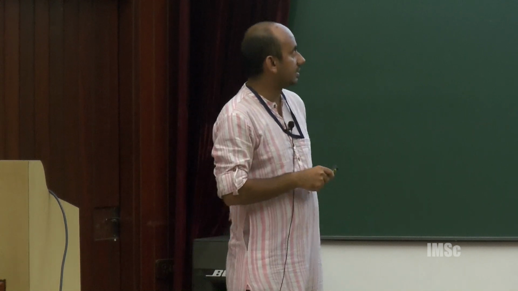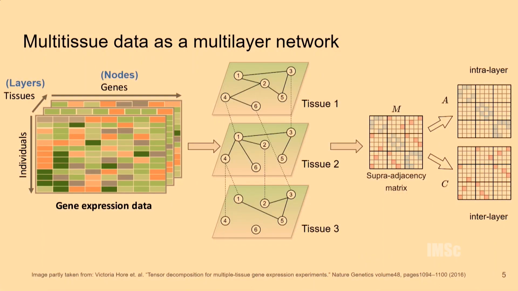Similar to an adjacency matrix, but it has a special pattern. And we split this into two super-adjacency matrices, where one captures only within-layer connections and one captures all the across-layer connections. I'm using these terms M, A, C here because I'll use them extensively. Just remember that A has within-tissue connections, and C has across-tissue connections.